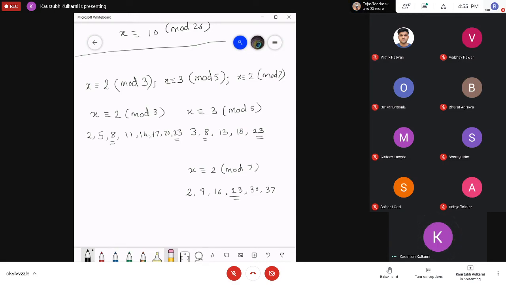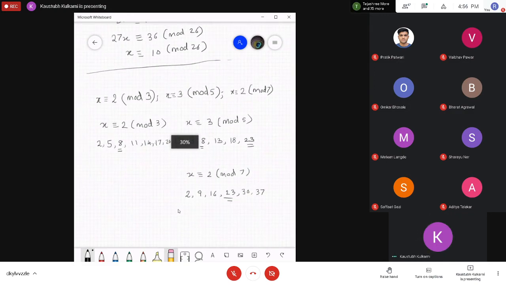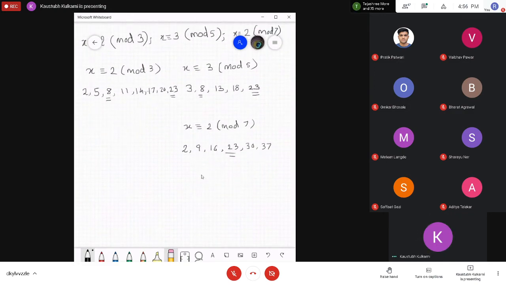So the other technique to solve this is: since x is congruent to 2 mod 3 means that x minus 2 is equal to 3t by definition of congruence. You get this? Therefore x is equal to 2 plus 3t.